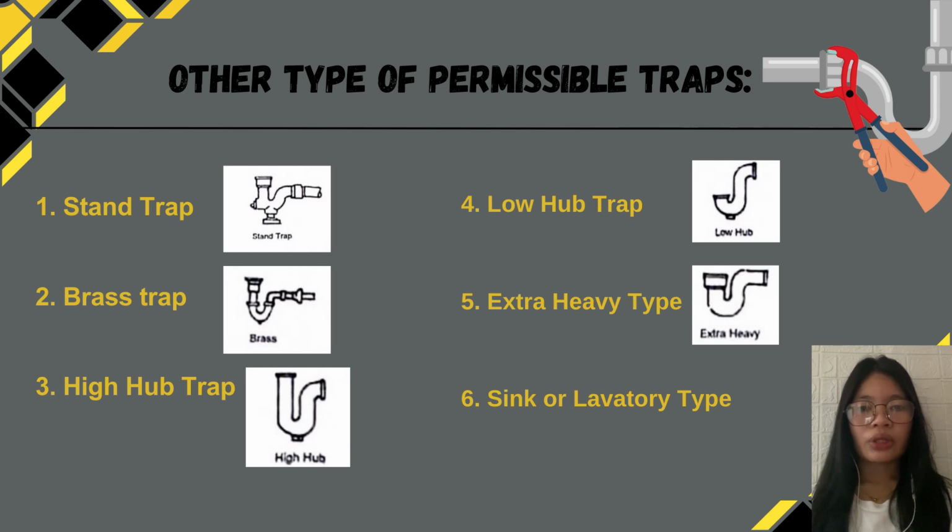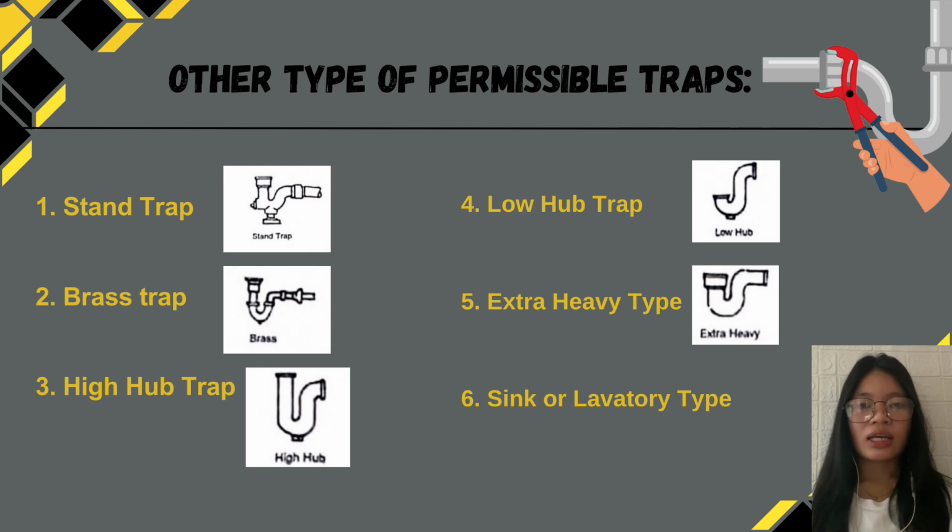The high hub trap has a higher inlet or outlet connection compared to standard traps, accommodating higher flow rates or specific plumbing layouts requiring a higher trap placement. The low hub trap is the opposite of the high hub trap.